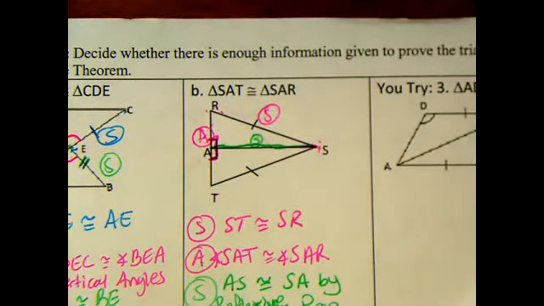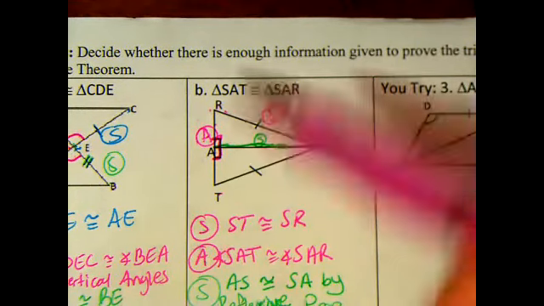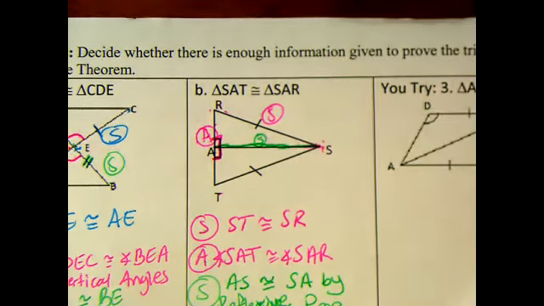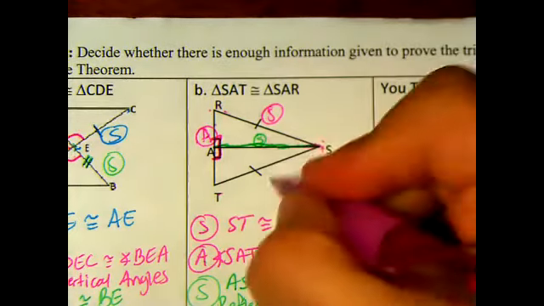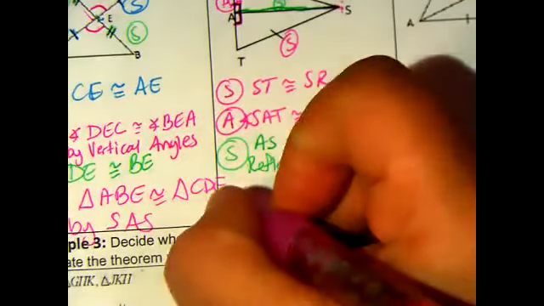There is no such theorem that doesn't include the angle with two sides. I would need to show that these two angles are my congruent angles. But I don't have information for that. Therefore, there is not enough information.